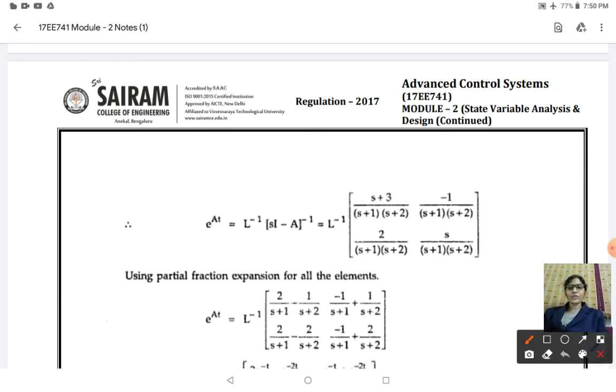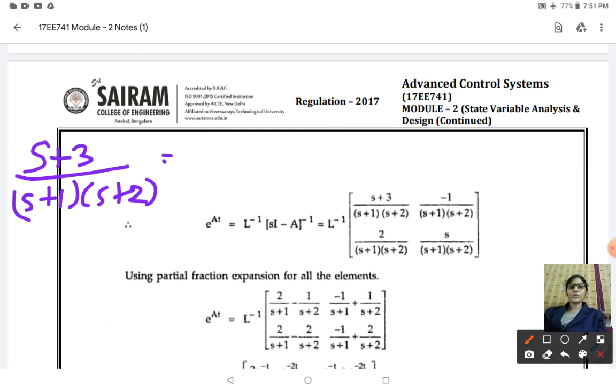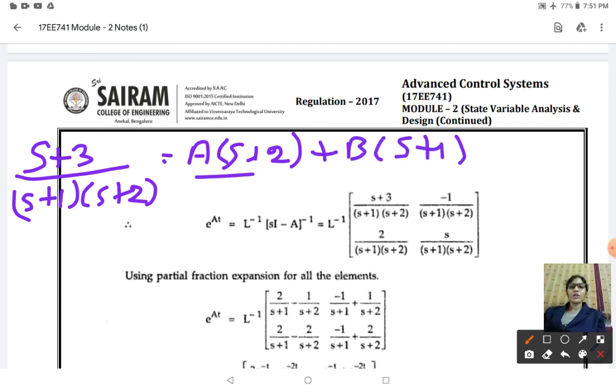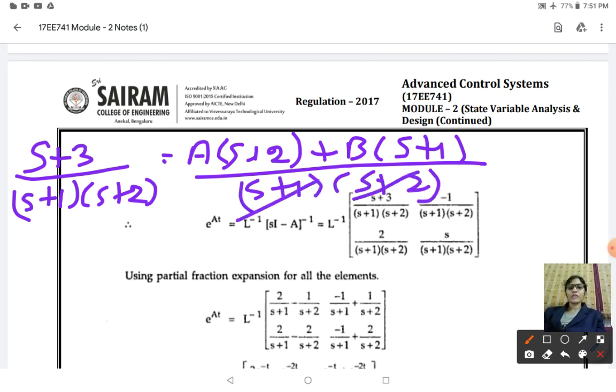So when you take the partial fraction method, you will be getting s plus 3 divided by s plus 1 into s plus 2 is equal to A into s plus 2 plus B into s plus 1, whole divided by s plus 1 into s plus 2. So the denominator term gets cancelled on both sides. We will be getting A into s plus 2 plus B into s plus 1.